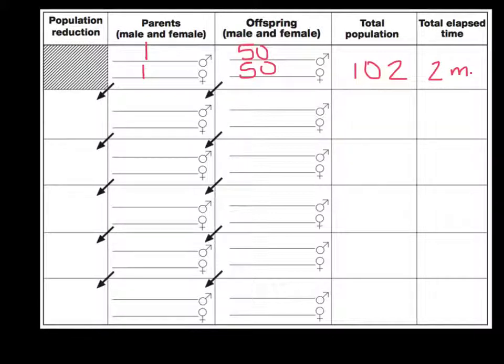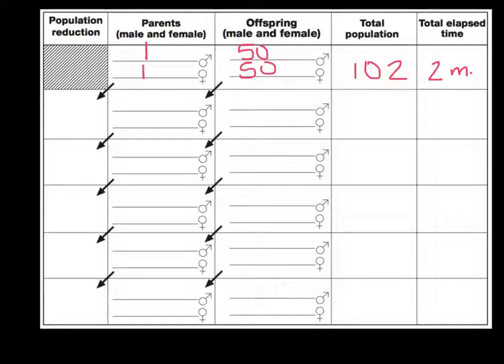Now, the next row down, as you're working through this, you're going to see a column called reproductive reduction. That reduction happens because over time, things die or may have been killed off. What is our lifespan for a milkweed bug, Megan? 4 months. 2 months to reproductive age, 2 months till it produces.